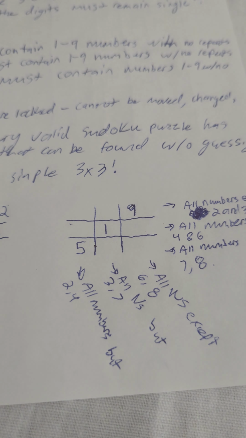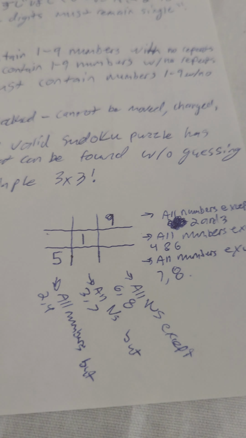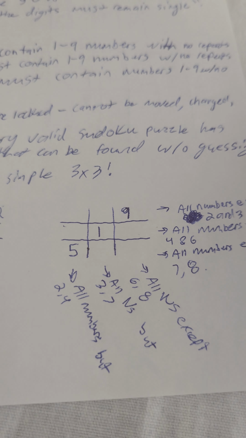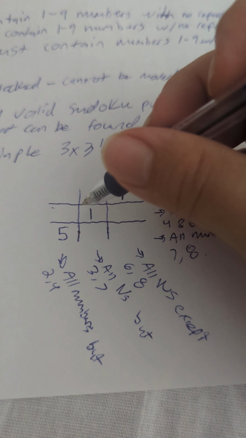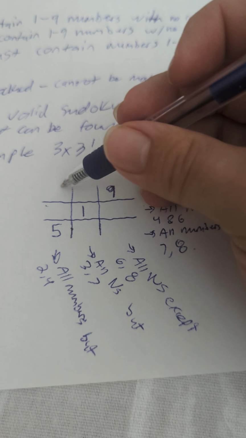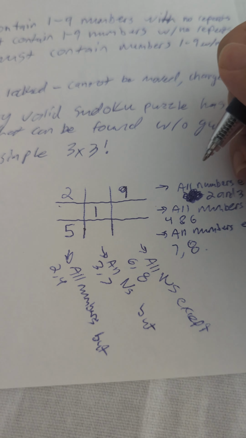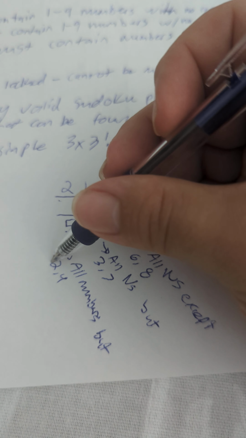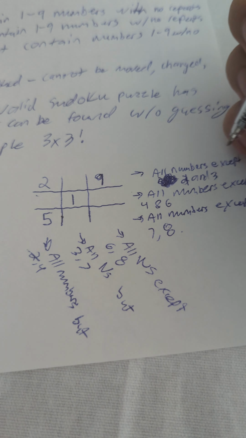Well, we would know that we would have 2 and 3 missing from that first row, and we'd have 2 and 4 missing. So we'd know that 2 is going to naturally fall into one of those columns, right? So 2 would be here. And we also know that that marks off 2 here, and that marks off 2 here.